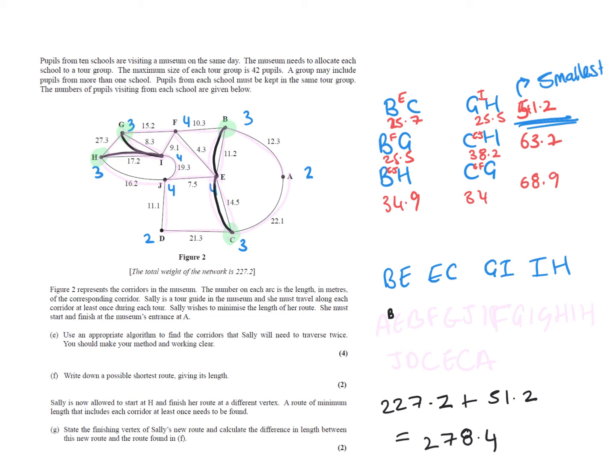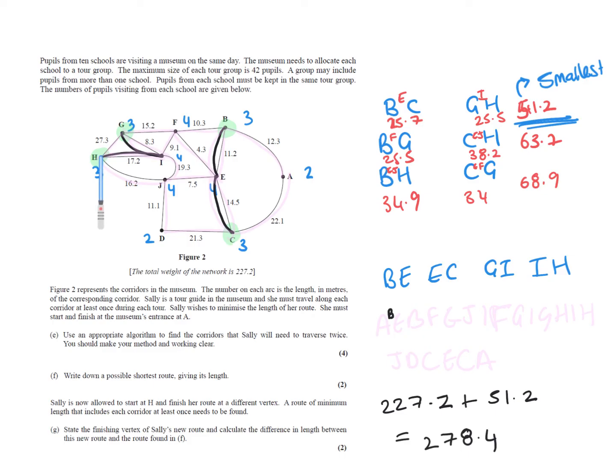Okay then. So now the most important part of this question is that Sally is now allowed to start at H and finish her route at a different vertex. If we are allowed to start at H and finish our route at a different vertex, that means H has to be odd.